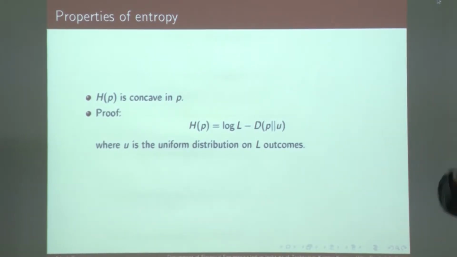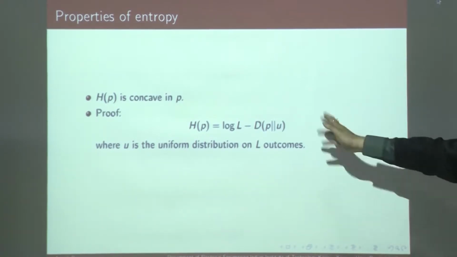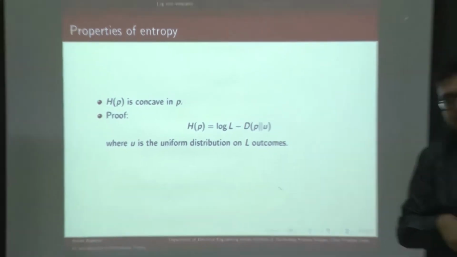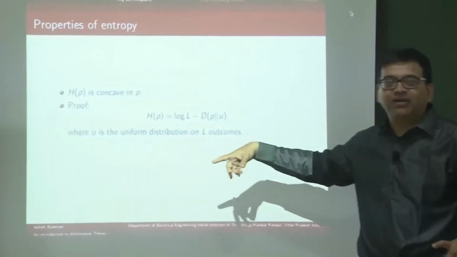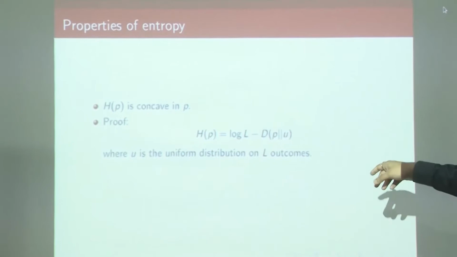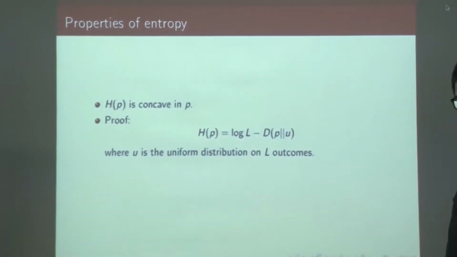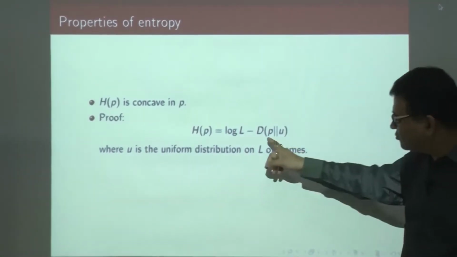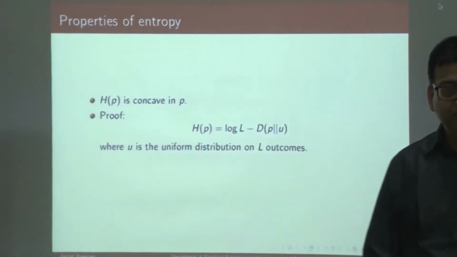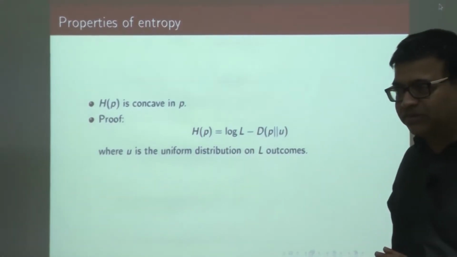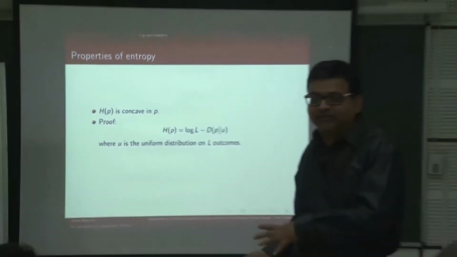The binary entropy function that you have seen is a concave function. Again, I am going to make use of the result which I have already proven. I showed divergence was log L minus h of x, right? So I use that result, and I have just now shown you that divergence is a convex function. So if divergence is a convex function, what will be minus of divergence?